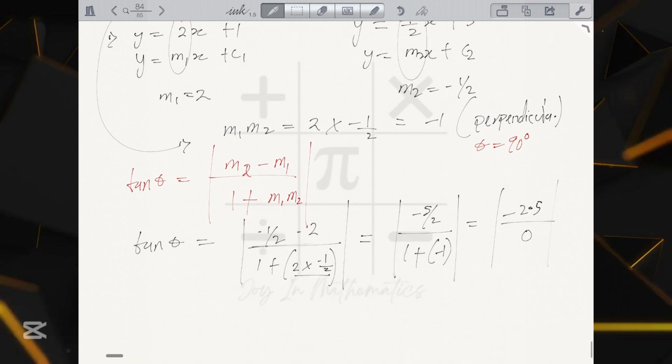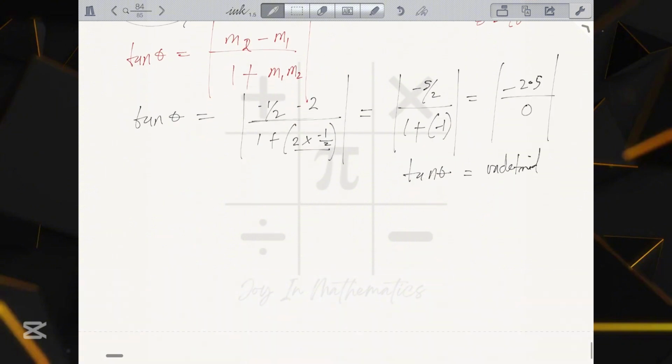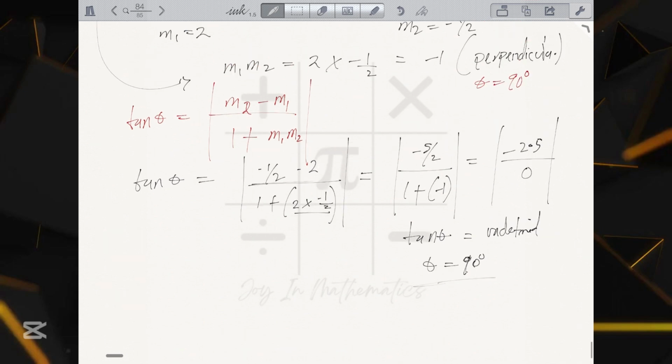Now, anything divided by 0 is undefined. So now we have tan theta to be undefined. And if you recall from special angles, whenever we have tan theta undefined, then theta is equal to 90 degrees, which is equivalent to what we have here.